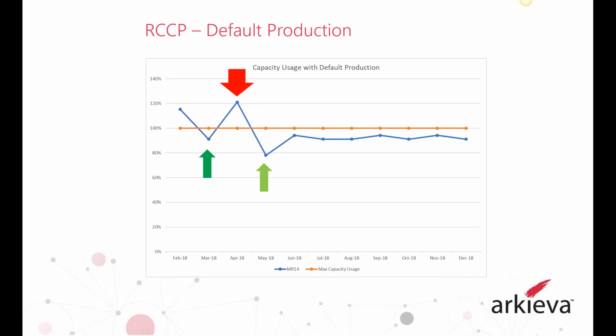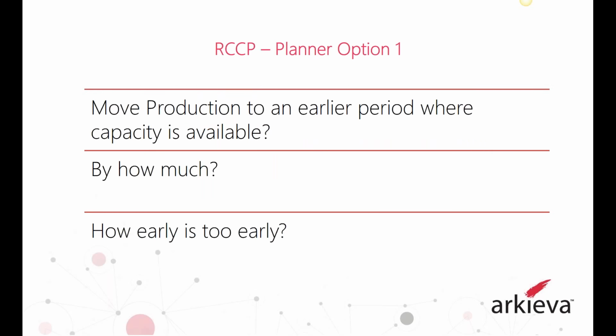All right. So if I'm the planner and I'm looking at this default production, I might say, well, capacity is kind of a hard limit. I cannot really breach it. I would like to adjust my plan, so I might consider options that might be available to me. One of the obvious options is to move production to an earlier period where capacity is available. In our case, because April is the one that is overloaded, we have the option of moving things to March. Now, the other questions that might come up are: by how much should we move?